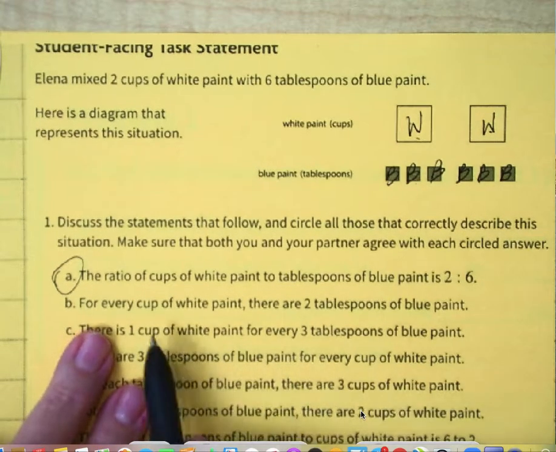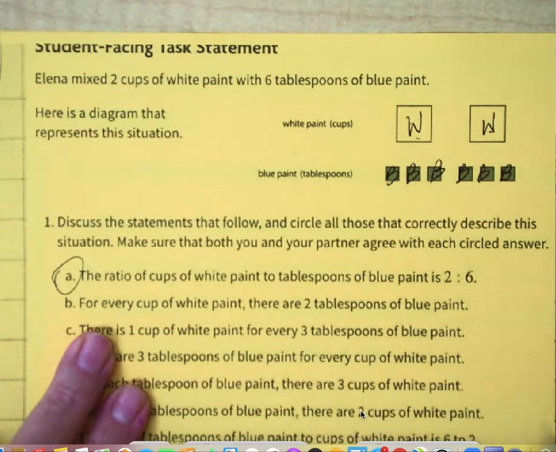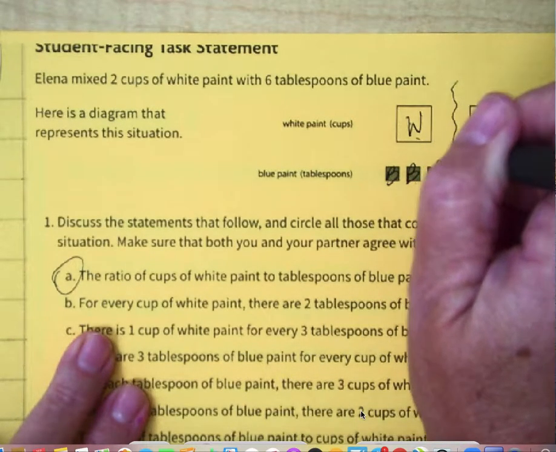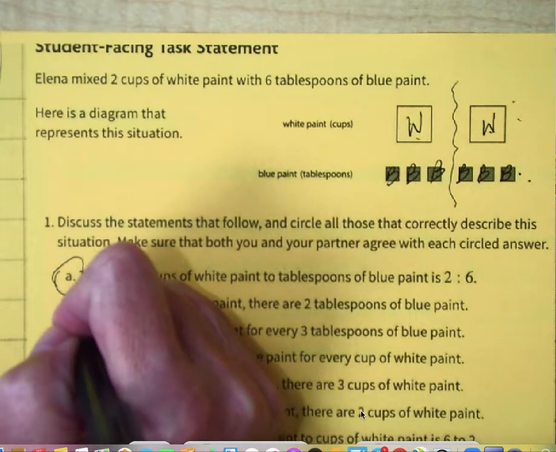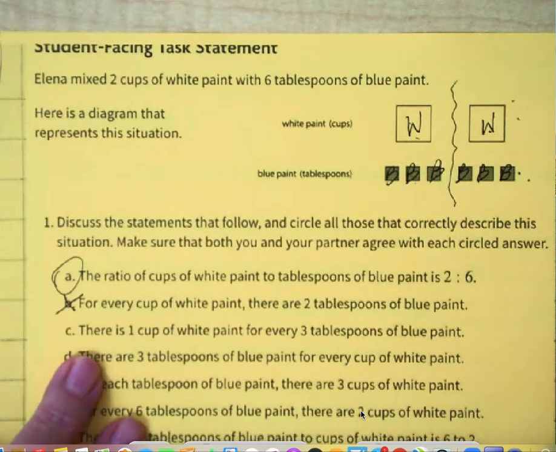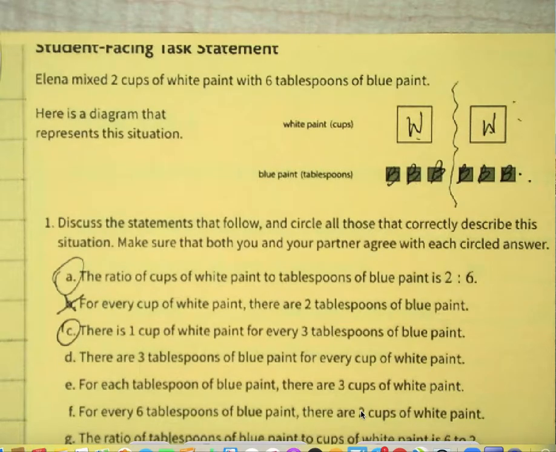How about B? For every cup of white paint, there are 2 tablespoons of blue paint. If I drew a line right here, white to blue, is that 1 to 2? No, it's 1 to 3. So we're going to mark out B. How about C? There is 1 cup of white paint for every 3 tablespoons of blue paint. Is that right? Yes, it is. So we're going to circle that one.